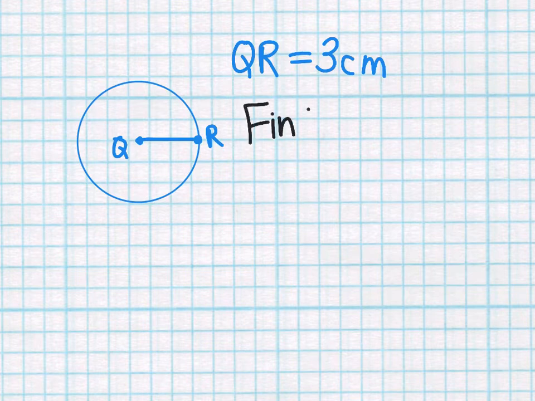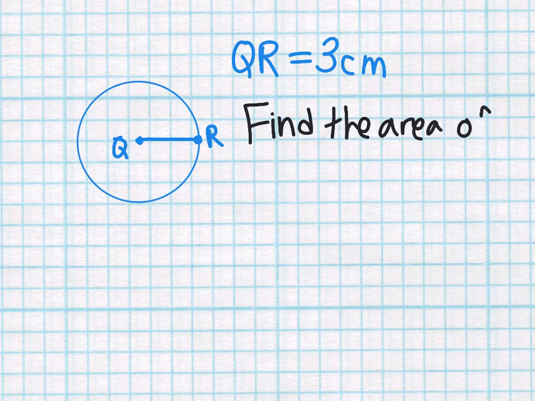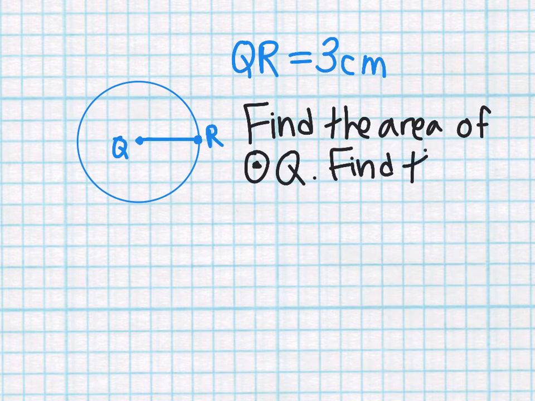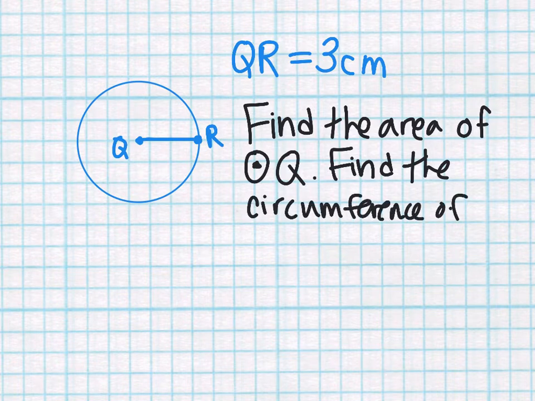Find the area of circle Q. Remember, the circle with a dot in it symbol means circle Q. Find the circumference of circle Q.